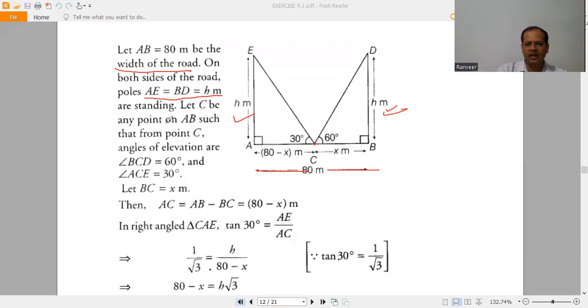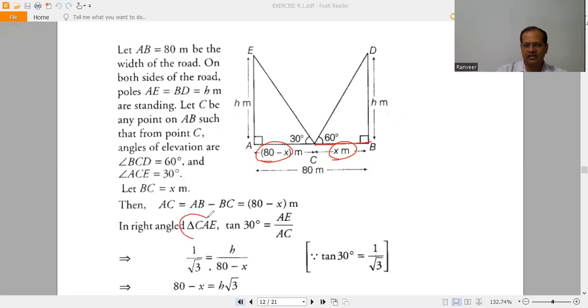Now, let C be any point on AB such that from the point C, the angles of elevation are 60 degrees and 30 degrees. This is 60 degrees and this is 30 degrees. Now let BC be X, then this value is 80 minus X.